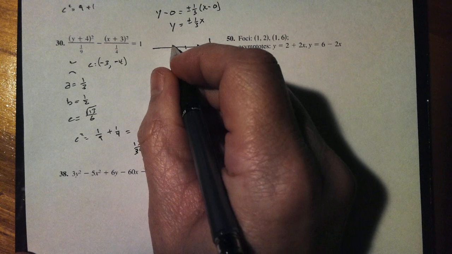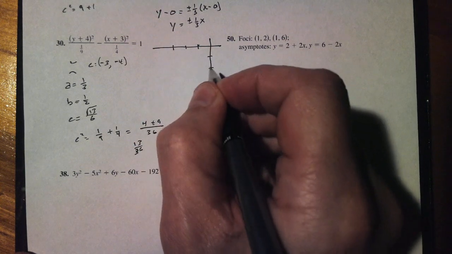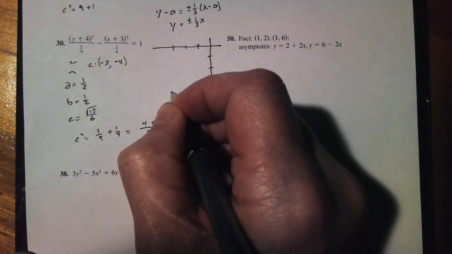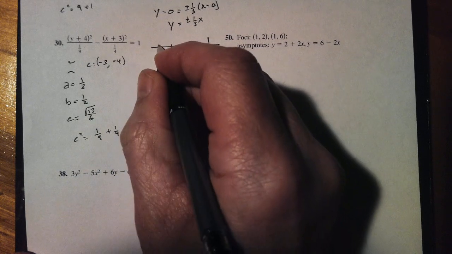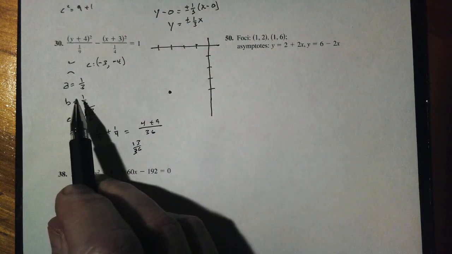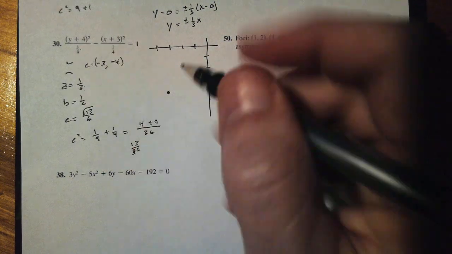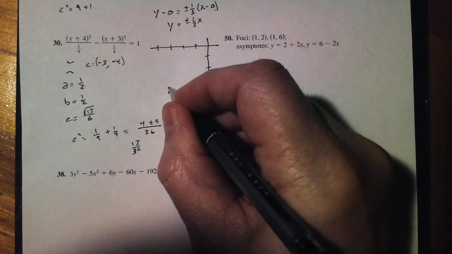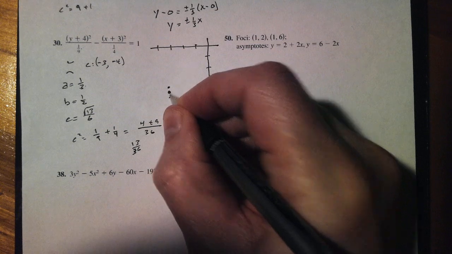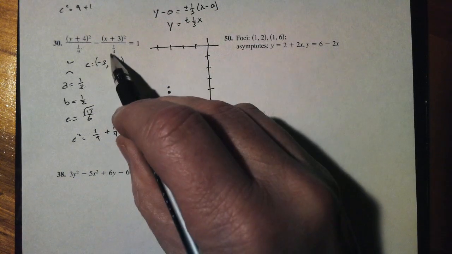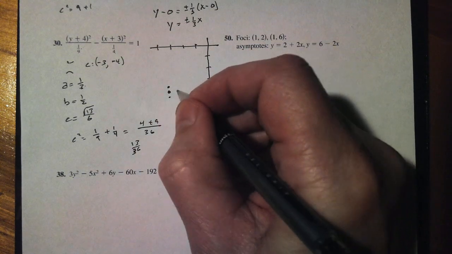Left 3, down 4, and there is our center. From there, I'm going to go up and down 1/3. Tiny little moves here. Up and down 1/3. I'm going to go right and left 1/2.